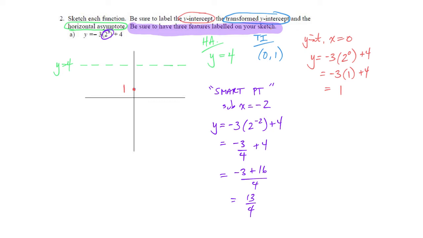And when we look back at our graph, we should be good that our point should be a little less than the asymptote, a little less than 4. Okay, what I now have as my smart point is -2, 13/4. And so I can go and put on -2, 13/4. Now, I'm going to make sure that I mark that maybe somewhere over here.